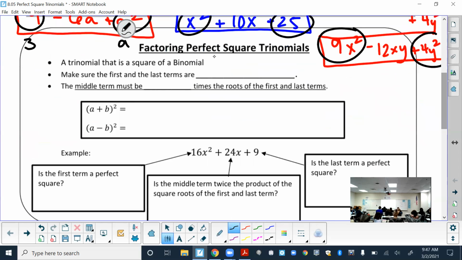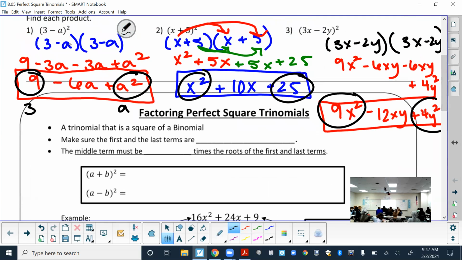All right, so a couple definitions. A perfect square trinomial is a square of a binomial. So it's what we get when we multiply this out. And to see if it's a perfect square trinomial, you need to first check that the first and last terms are perfect squares.